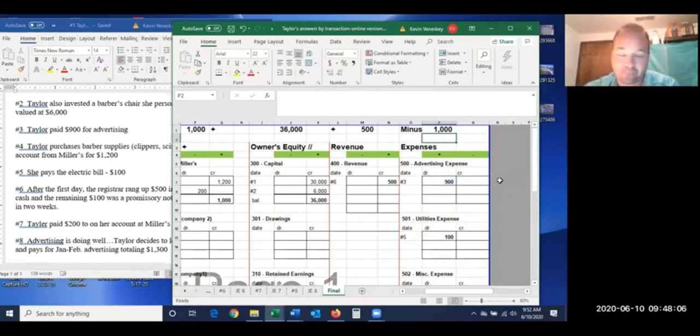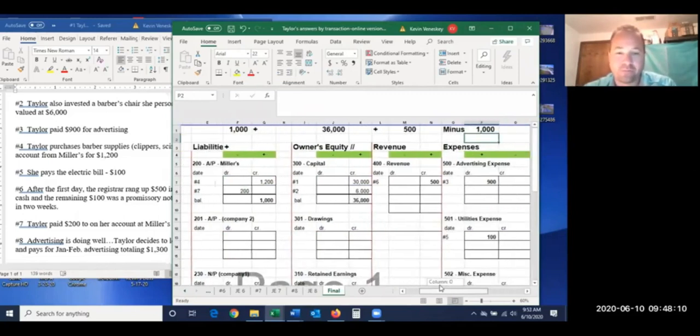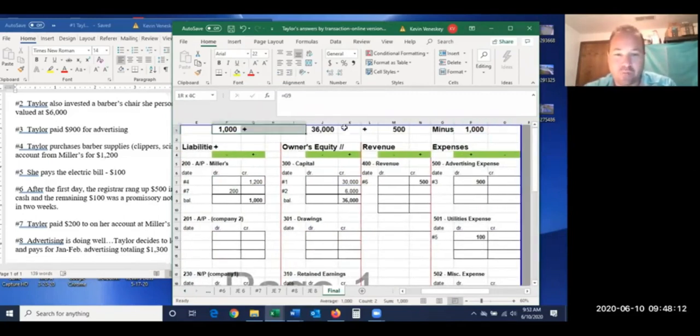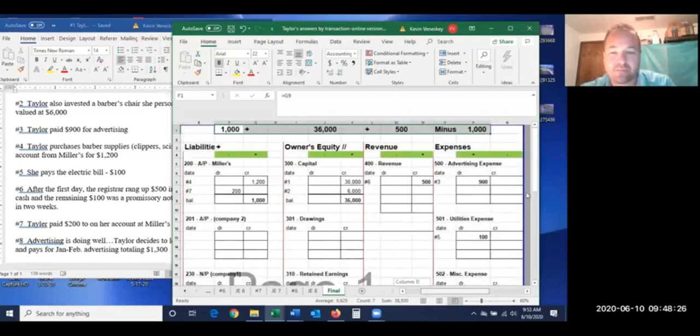Now, the final thing I want to do is combine all of these into one formula and make sure that if I add up all of these off to the side, does it equal 36.5? So let's try it.